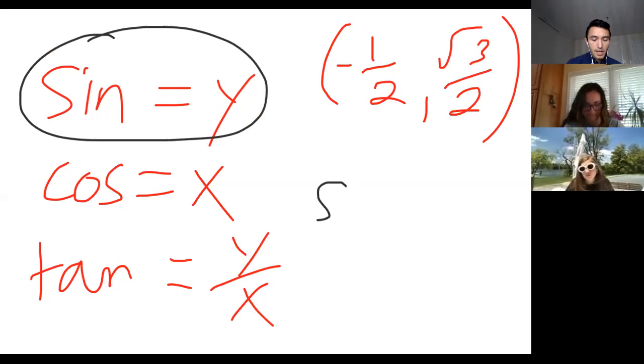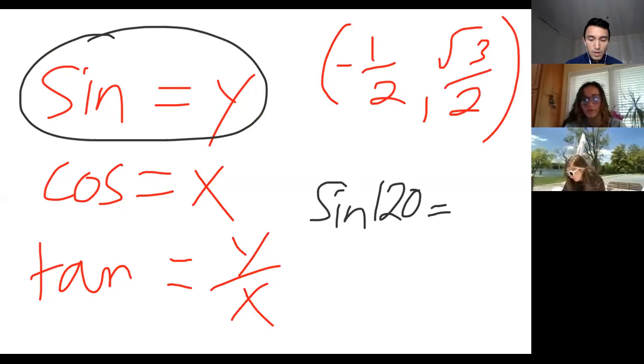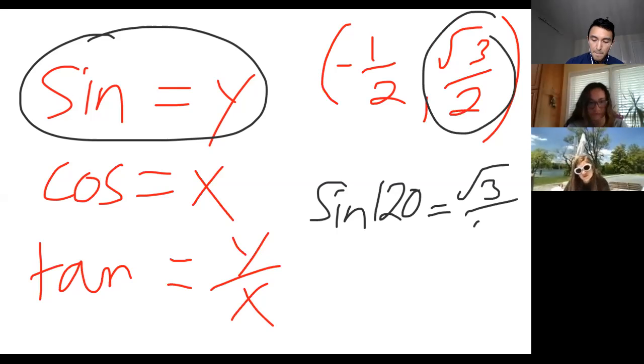That means literally the sine of 120. These problems require no work really, other than just writing down what you know, because now we know that the sine is equal to y. The y value is square root of 3/2. Okay, that makes sense. Yeah.